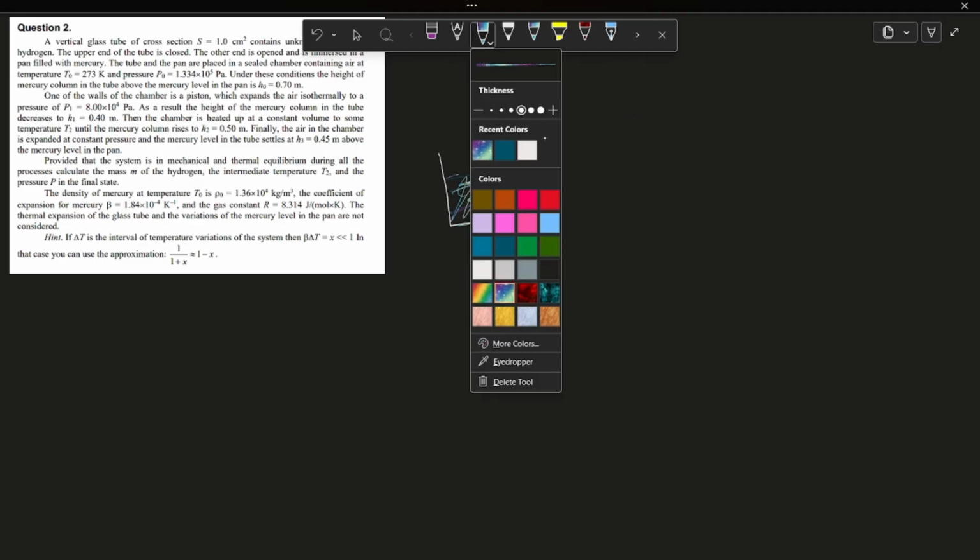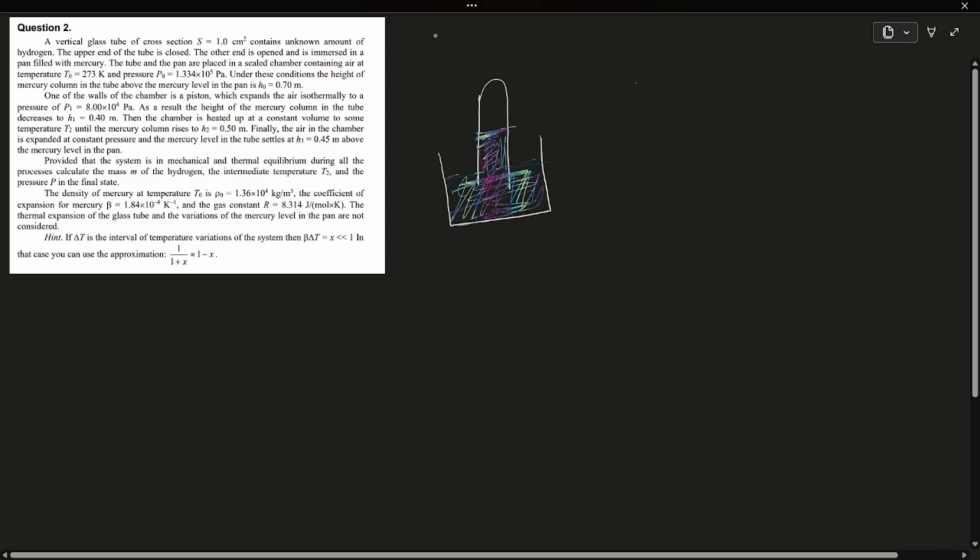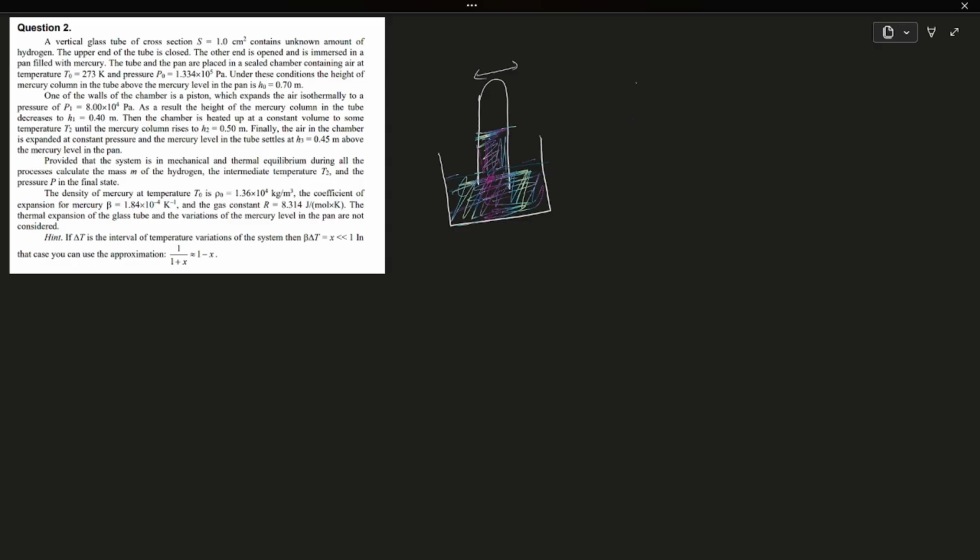Then it is said the area of cross section S is 1 centimeter square. There is some unknown amount of H2 gas. The other end is opened, is immersed in a pan filled with mercury.